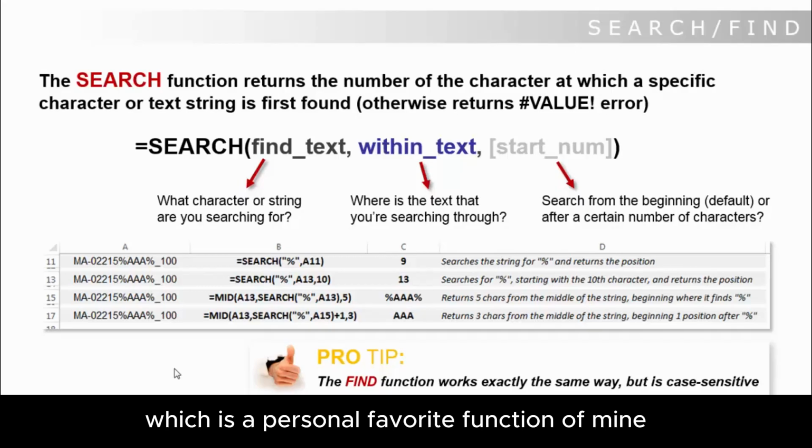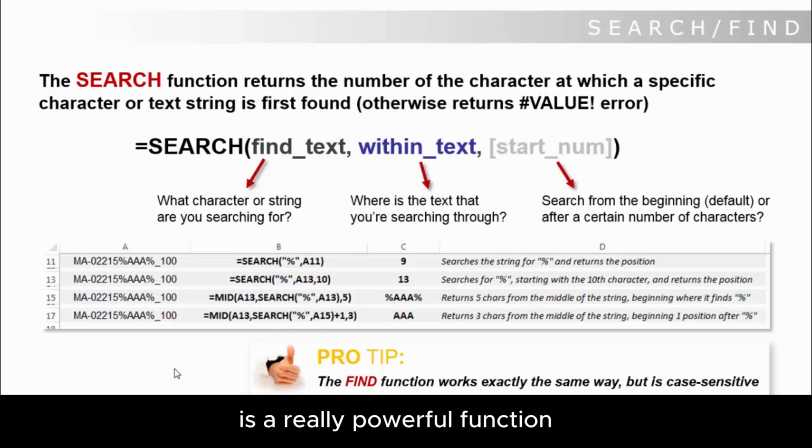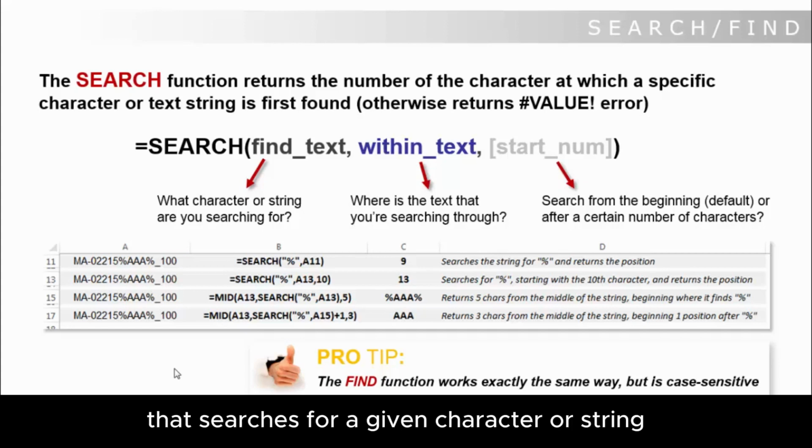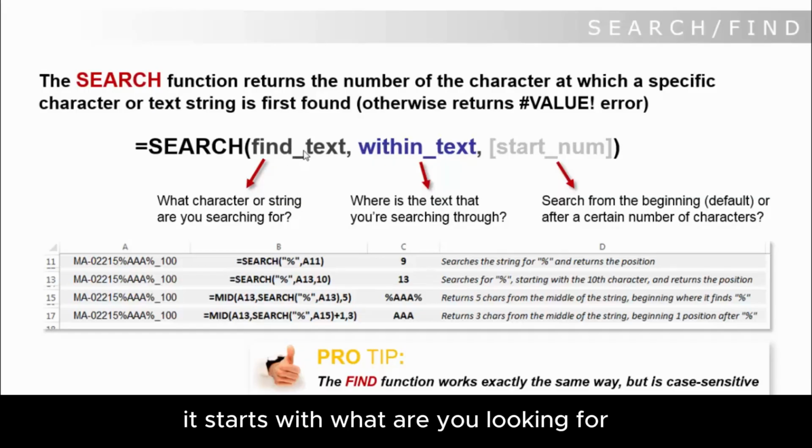So search, which is a personal favorite function of mine, and hopefully soon to be a favorite of yours, is a really powerful function that searches for a given character or string. And then if it finds it, it returns the position of that string. If it doesn't find it, it returns a value error. So syntax-wise, there are three pieces. Basically, it starts with, what are you looking for?